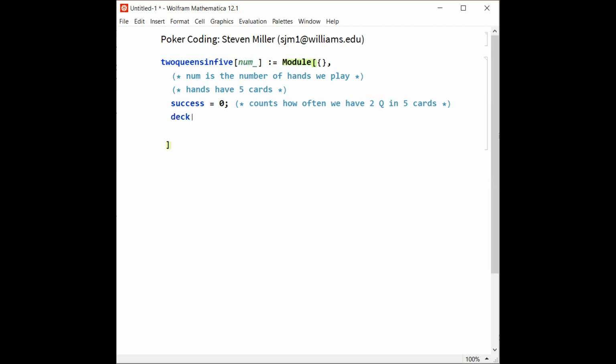So my deck, I'm going to initialize exactly as queens and not queens. I'm going to put in 4 cards as the queens, right? And then for n equals 1, n less than or equal to 48, n plus plus, deck equals append to deck 0.